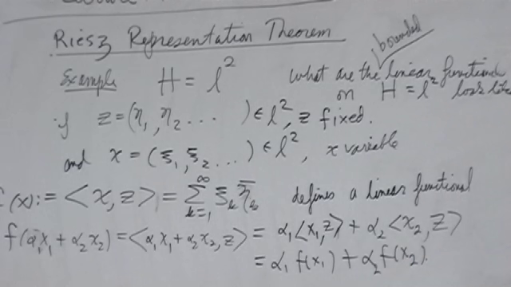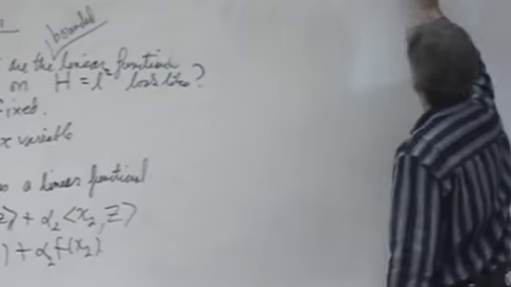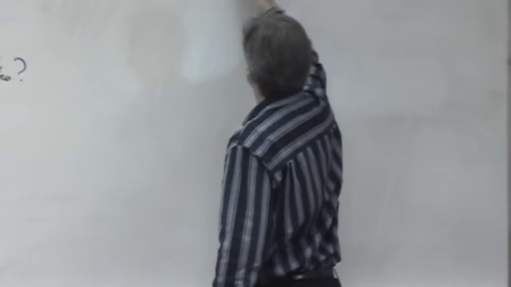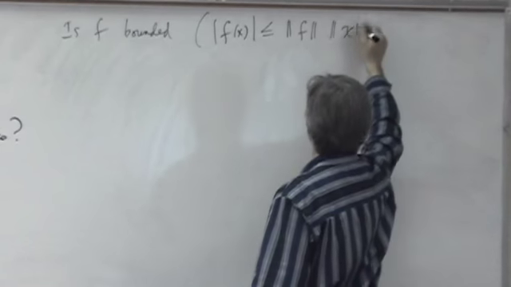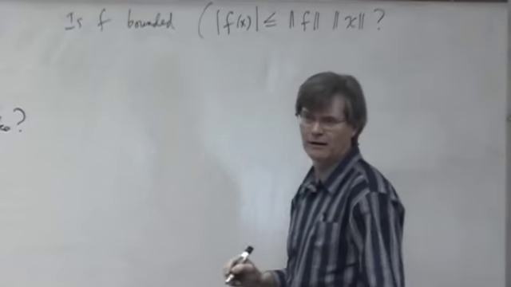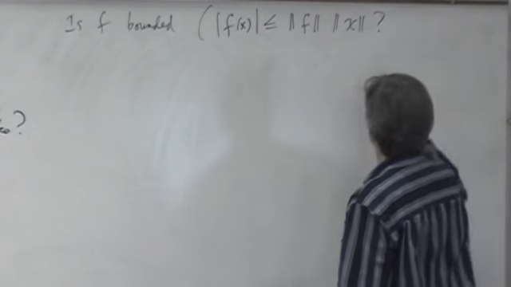Is this expression bounded as a function of x? What do you think? How would you get that? I need: is f bounded? Let's recall what that means. Is the absolute value of f of x less than or equal to some norm of f times the norm of x, for all x?